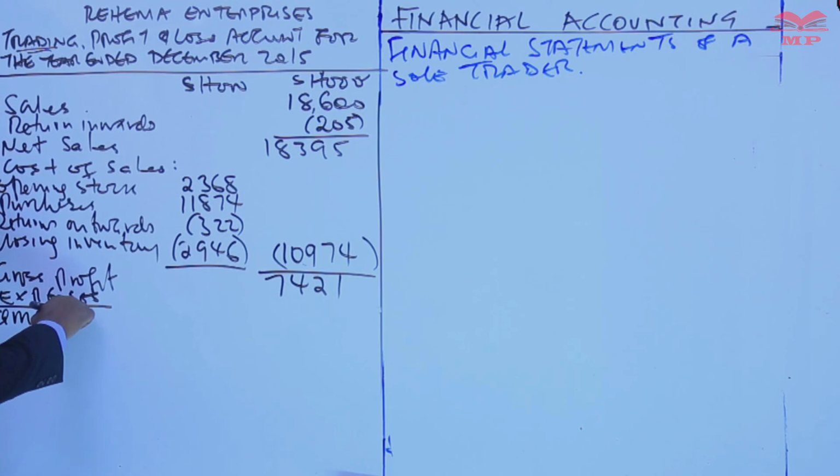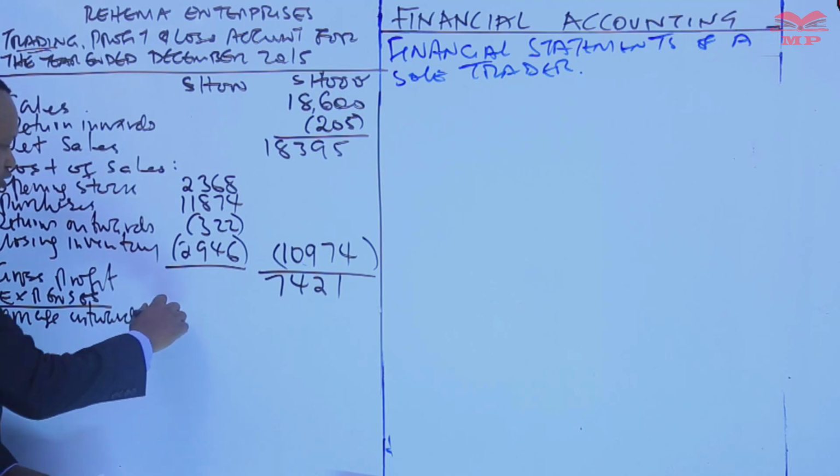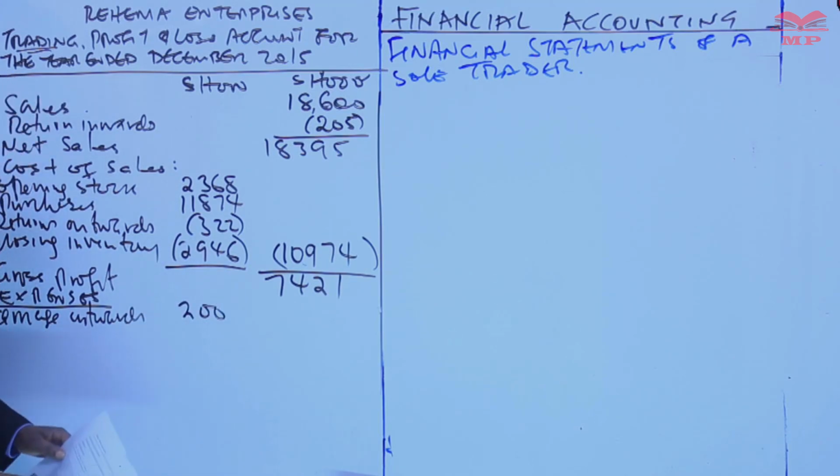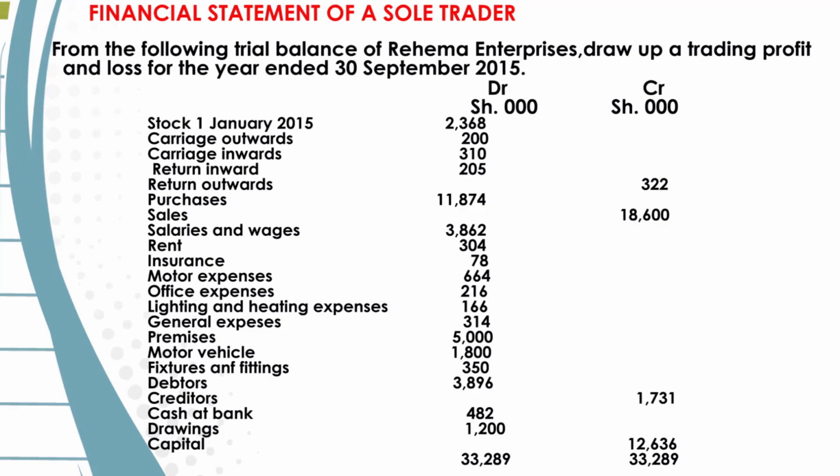Carriage outwards is 200. Then we move down the debit column. We have returns inwards, returns outwards, purchases, sales, salaries. That is an expense.